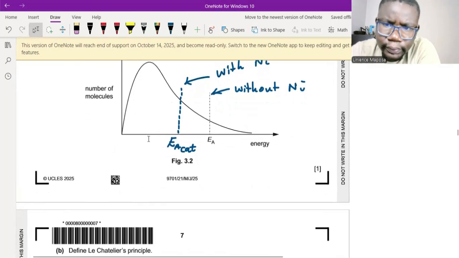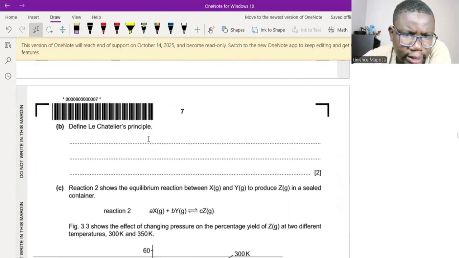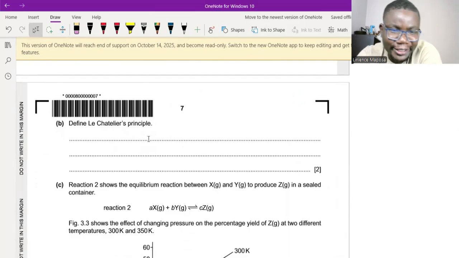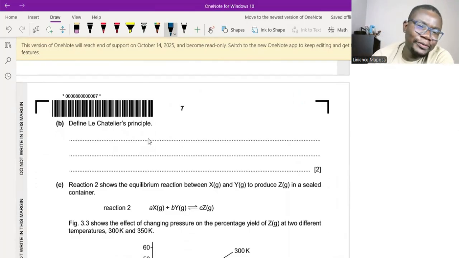Define Le Chatelier's principle. Again, I don't know whether you say Lee or Le Chatelier's principle. I like to say it's an odd definition.